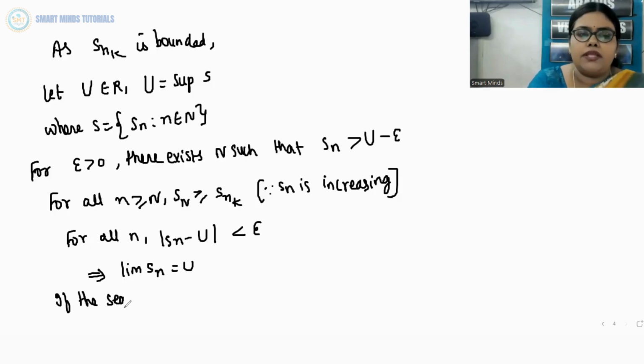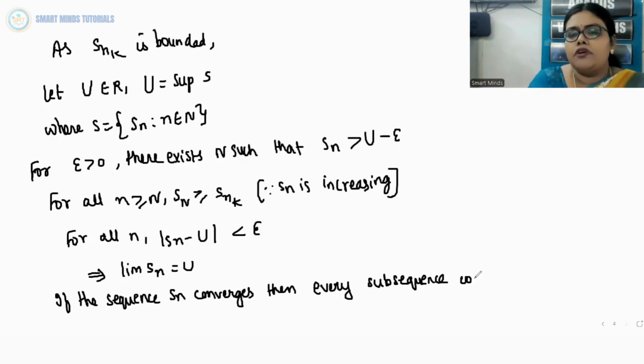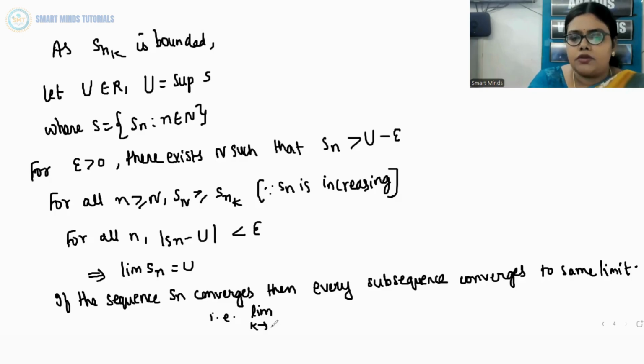Now if the sequence Sn converges, then every subsequence converges to the same limit. If any sequence converges, then every subsequence of that sequence converges to the same limit. What does that mean? That is limit k tends to infinity, Snk is equal to u.